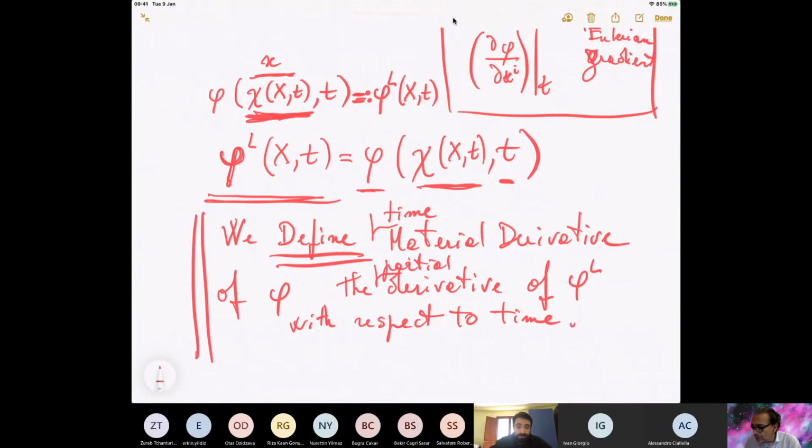This is the definition. So I am following a material particle and I check how the phis which are met by this material particle are changing in time. Okay?